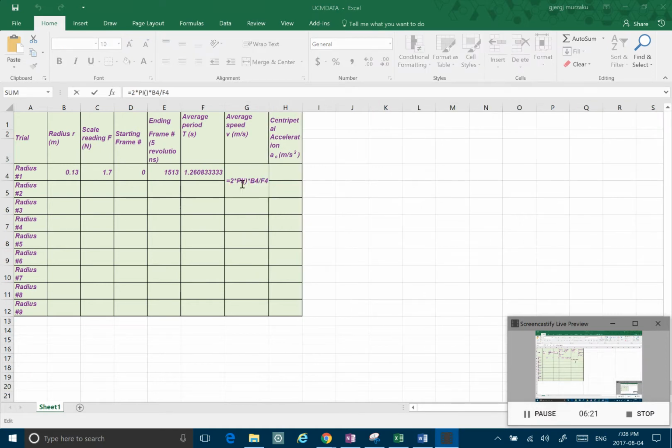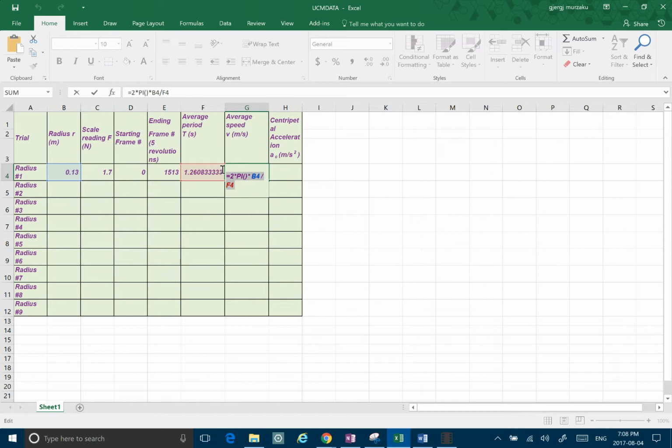Sorry, one more time, I'll write it again. So it's equal to 2 times pi times the radius, so 2 pi r, divided by the period, and here is your velocity, average speed, sorry.